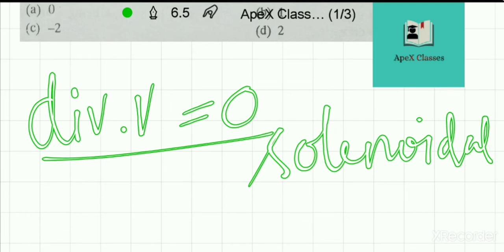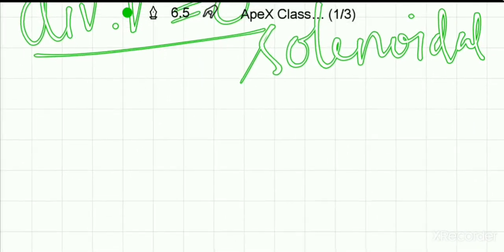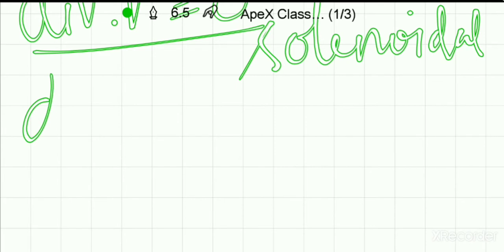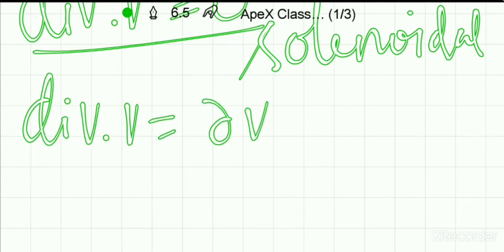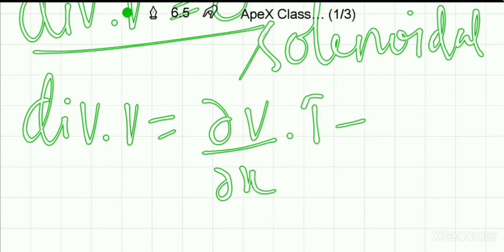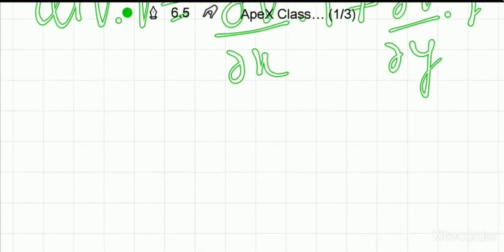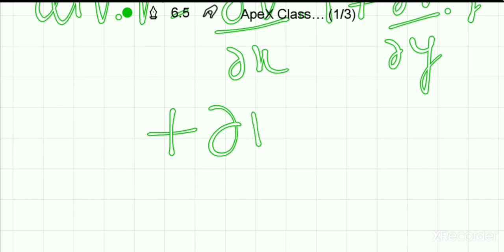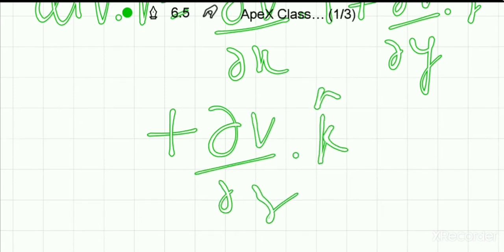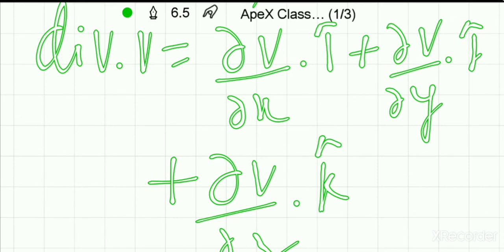Now we have to write the formula of divergence of v also, and we write divergence of v as del v upon del x dot product with i cap plus del v upon del y dot product with j cap plus del v upon del z dot product with k cap. And del v upon del x means partial derivative of v with respect to x.